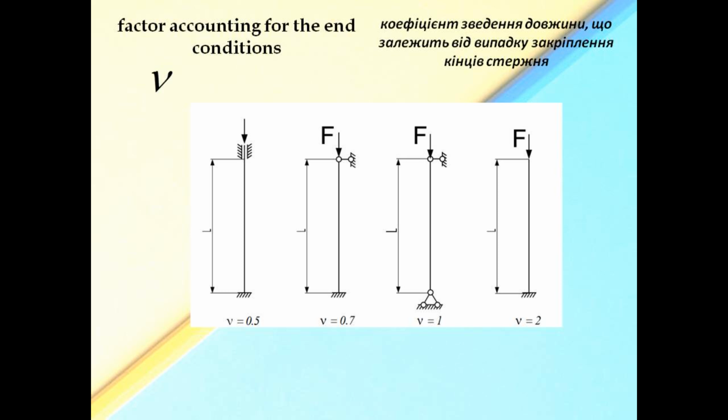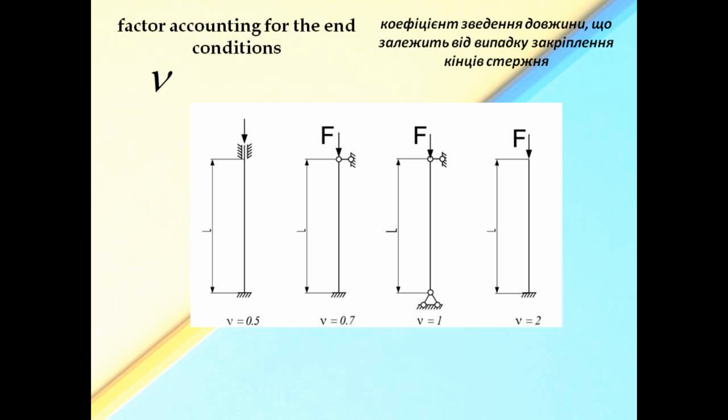Each boundary condition has different restrictions on the associated degrees of freedom at the top and bottom end of the column. The table below mentions the value of the effective length factor.